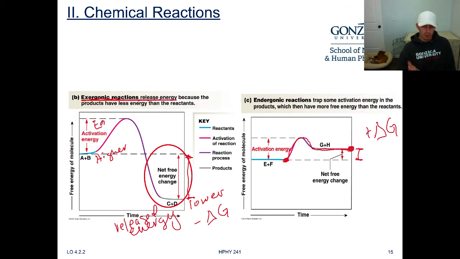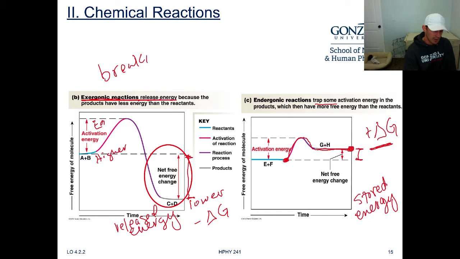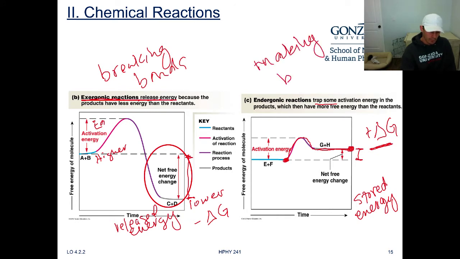So we've trapped or stored some energy in this process. Because of that, it's a positive delta G, and we've got an endergonic reaction. So stored energy. And again, simplifying this, most likely the exergonic reactions are going to be breaking bonds, and the endergonics are going to be making bonds.